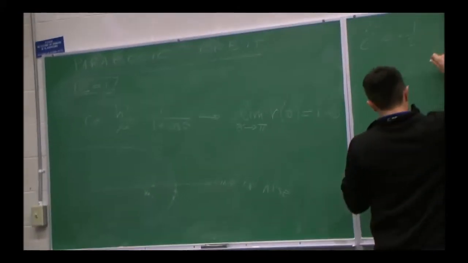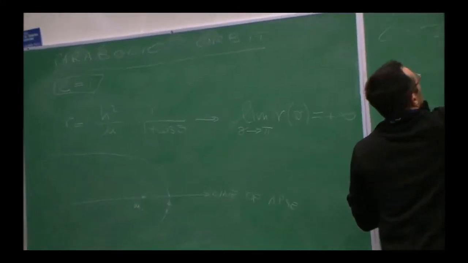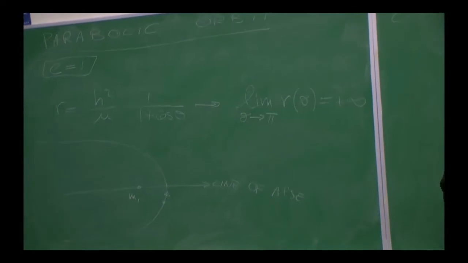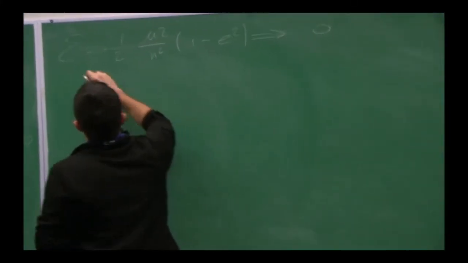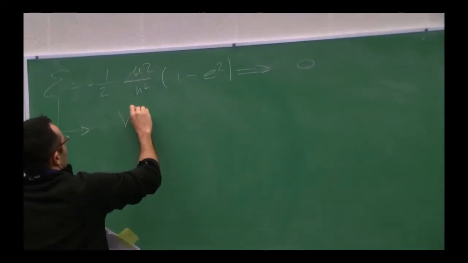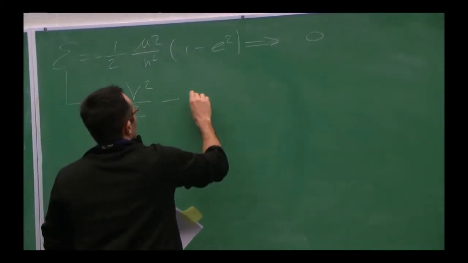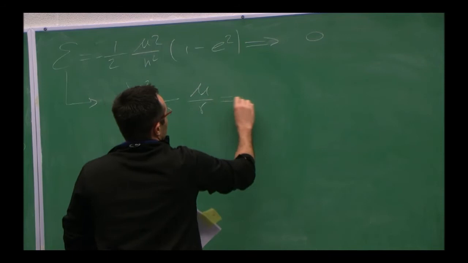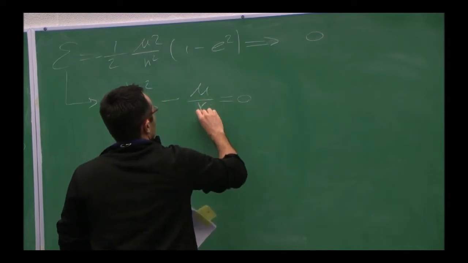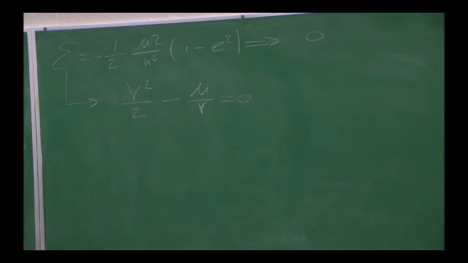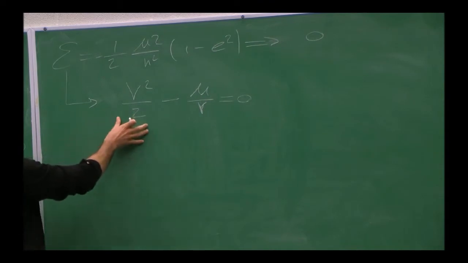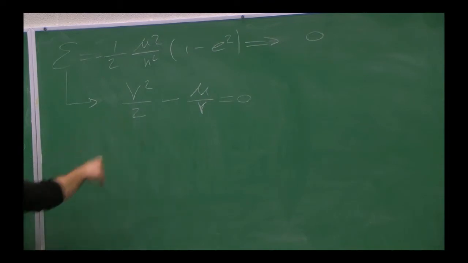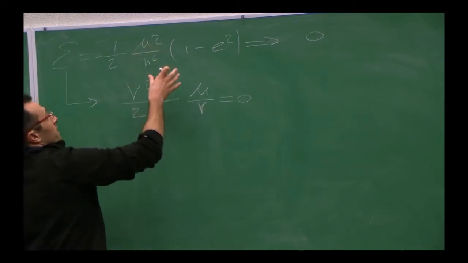The energy is, in general, this expression. See how we found it? With the h, 1 minus e squared, and in this case it is 0, which means, since energy is defined as kinetic energy minus potential energy, that this is always 0, right? Remember, this is the definition of mechanical energy per unit mass, and then for Keplerian orbits, we have proven at some point that this is what you get.